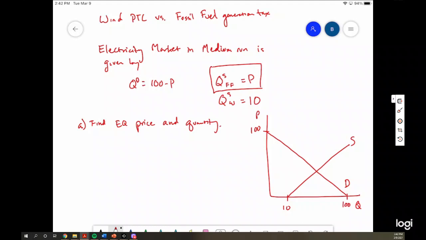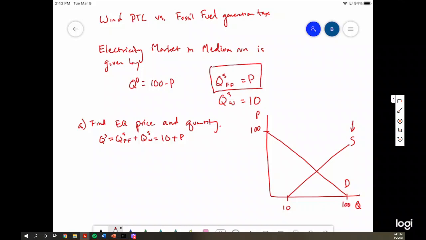To do that, we're going to get the total supply function. We're going to take QS equals QS fossil fuel plus QS wind, which is equal to 10 plus P. Then we can find the equilibrium quantity. We've graphed this function over here.